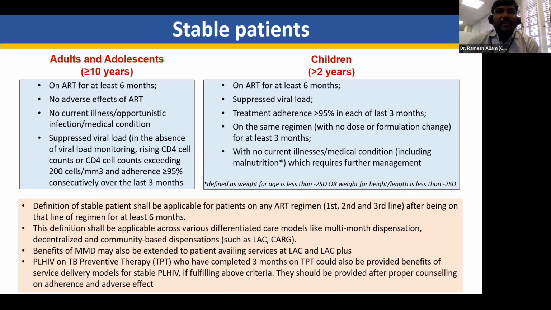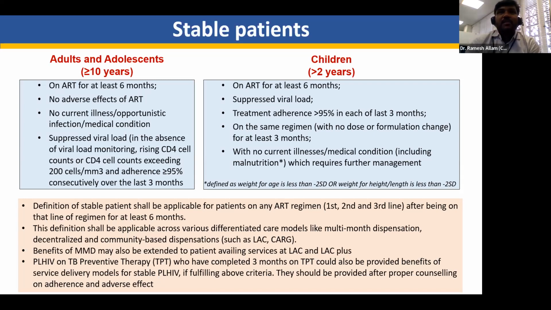Now, who is a stable patient? This is again, I've just pulled up from the guideline. There's no rocket science in this. Who is on ART at least for 6 months, no adverse effect, no opportunistic infection, virally suppressed, or if you don't have a viral load, you should have adherence for the last 3 months, and then you have a CD4 count which is rising, more than 200 basically.